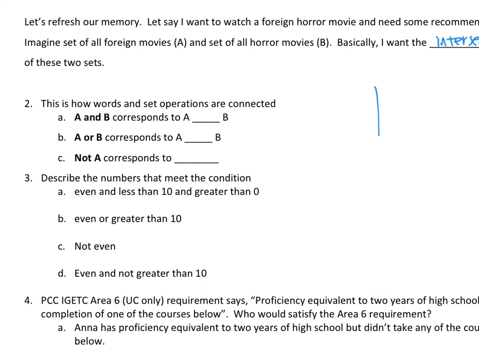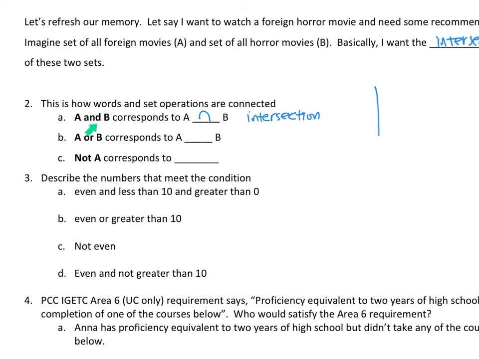So the words A and B correspond to the set A intersection with B. I want the horror movie, I want the foreign movie. It has to be a horror movie and a foreign movie.